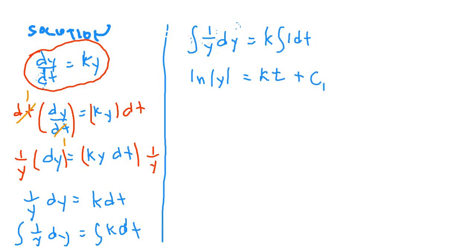Now, the natural log of the absolute value of y could just be written as the log of y. We don't need the absolute values because y is positive, right? Y represents the population of E. coli. You can't have a negative population, so the y here is positive.